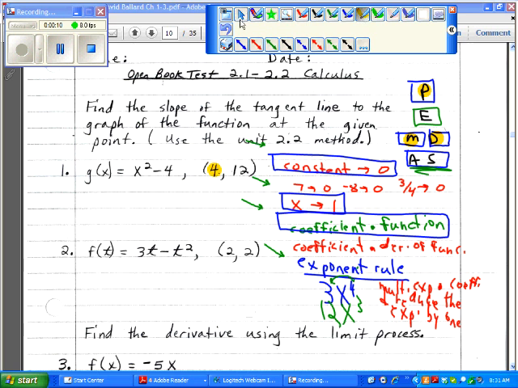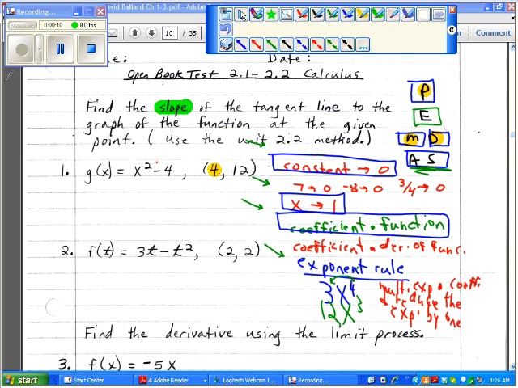Plug in the x of the point into that slope equation, and that would give us the slope at that point. All it asked for was the slope at that point. It didn't ask us to find the equation of the tangent line yet. So we're going to do that using these derivative rules we've talked about.